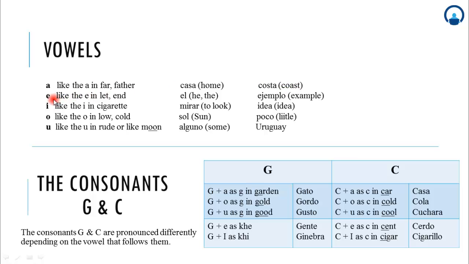Next vowel, E. It is pronounced as the E in the word let or end. So here we get E. The words having this vowel are el, that means he or the, and ejemplo, that means example.